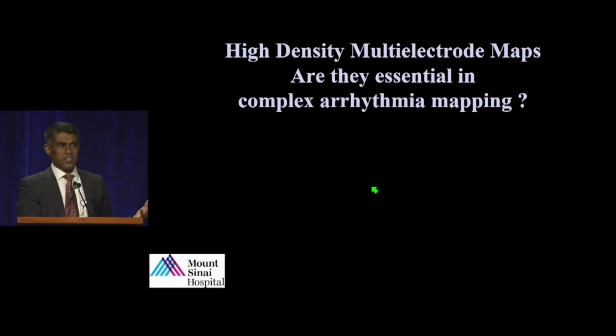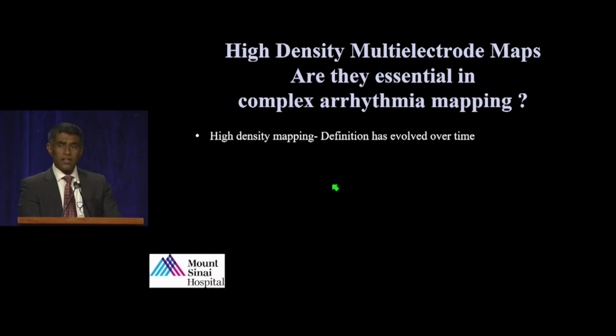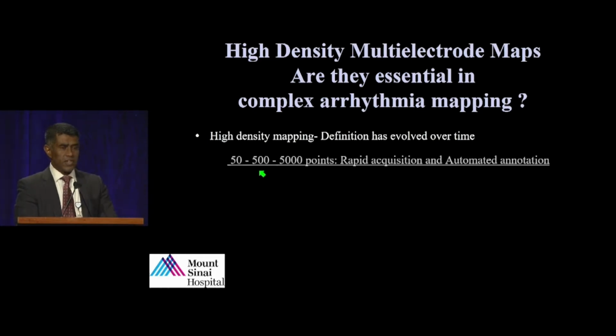Really, all systems now have promoted the utility, and we've all begun to see that we now understand arrhythmias much better. The very definition of high-density map has changed and evolved over time. Gone are the days where 50 and 500 points were high density. Now we're talking about many thousands of points.